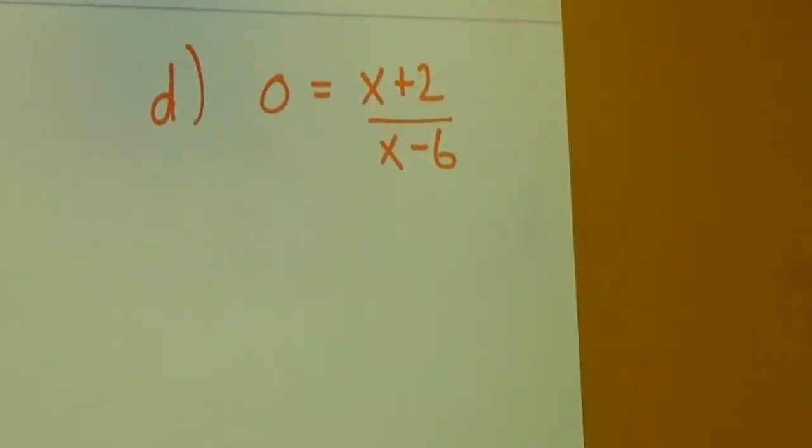I'm going to start the same way. Multiply both sides by x minus 6. So I'm going to get 0 equals x plus 2, and x equals negative 2.